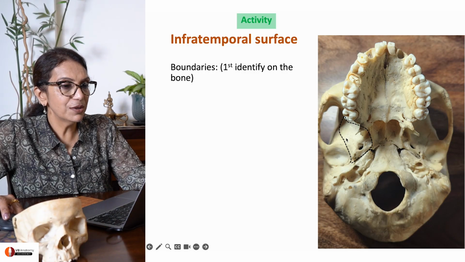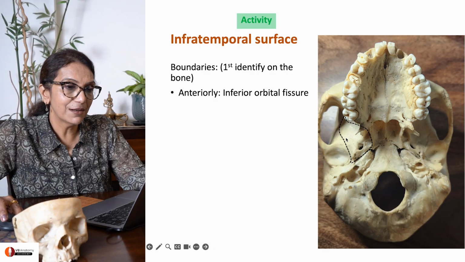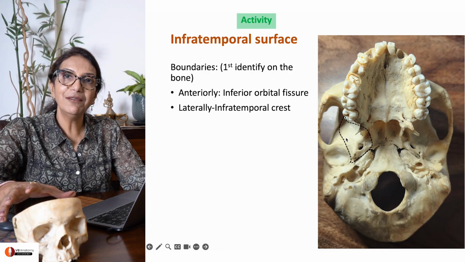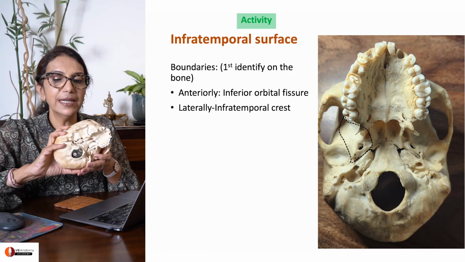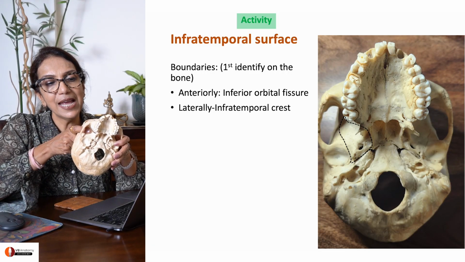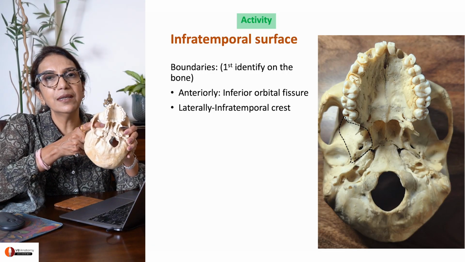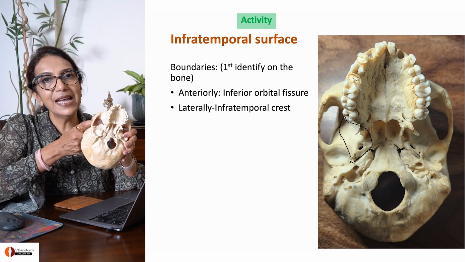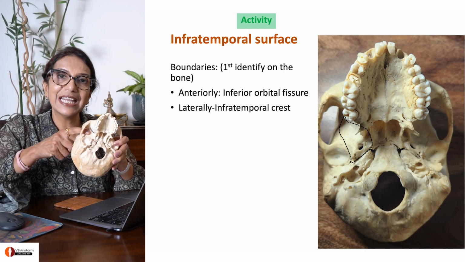Okay, this is your infratemporal surface, anteriorly bound by the inferior orbital fissure, laterally by infratemporal crest. How do you feel the crest? Just run your finger along the side and you will feel an edge at which you turn your finger. That edge is the infratemporal crest.